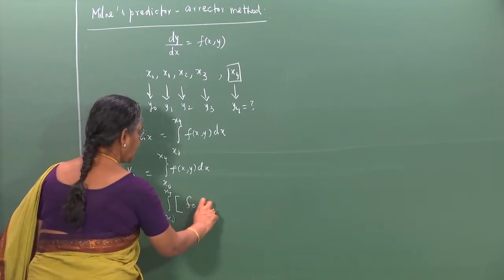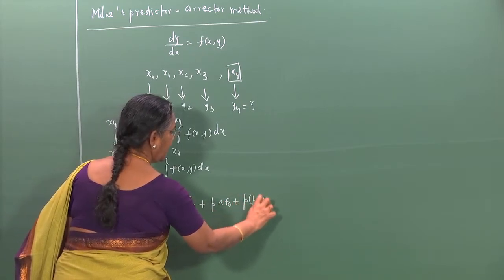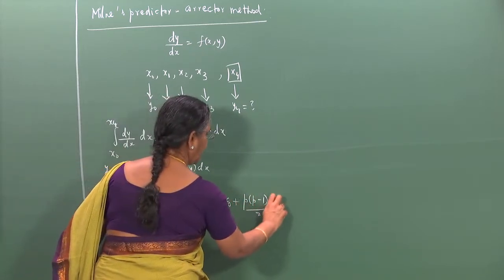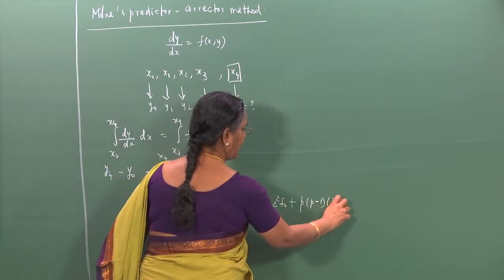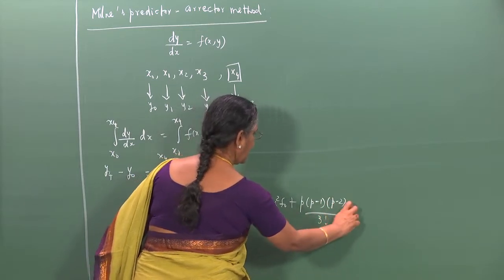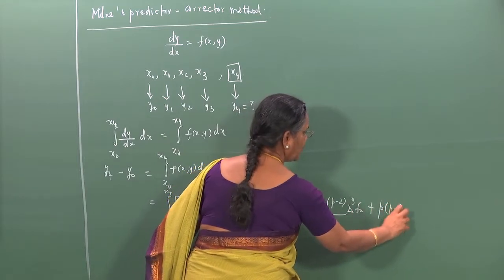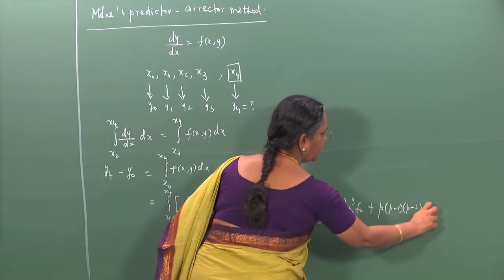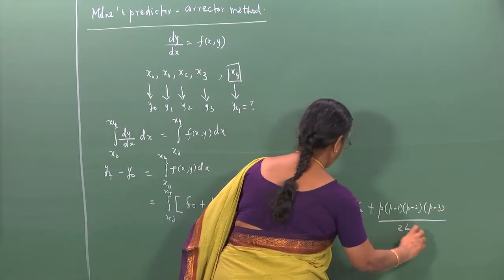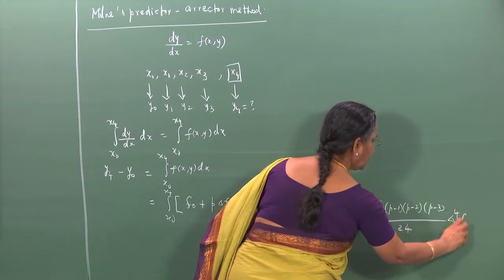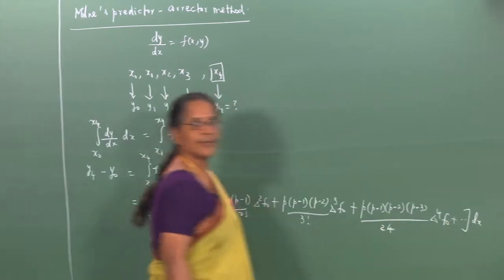It is f0 plus p into delta f0 plus p into p minus 1 by factorial 2 into del square f0 plus p into p minus 1 into p minus 2 by factorial 3 into del cubed f0 plus p into p minus 1 into p minus 2 into p minus 3 by factorial 4 into del to the power of 4 f0 and so on, and this must be integrated with respect to x.